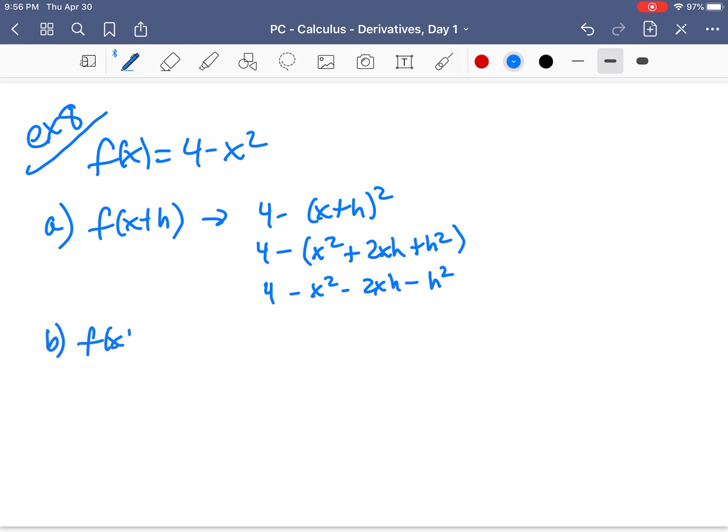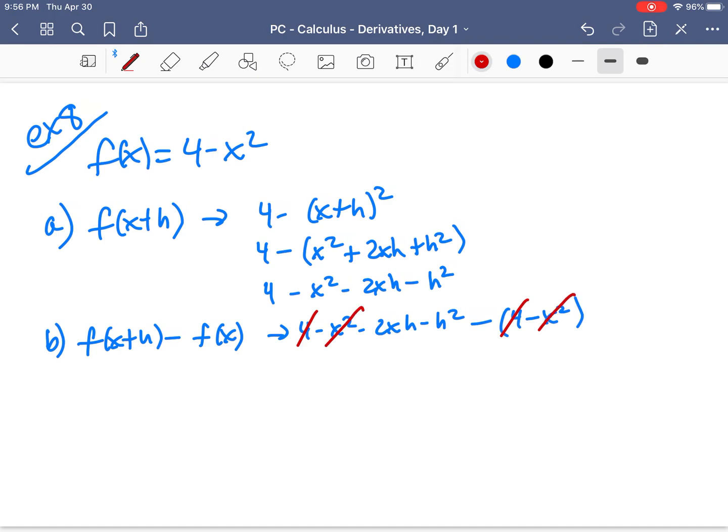So letter B, I get f of x plus h minus f of x. I'm going to take this answer I had before, 4 minus x squared minus 2xh minus h squared, and take away 4 minus x squared, which is f of x. I notice right away that these 4's are going to go. And I have negative x squared here, and this is going to turn into a positive x squared, so that's going to be gone.